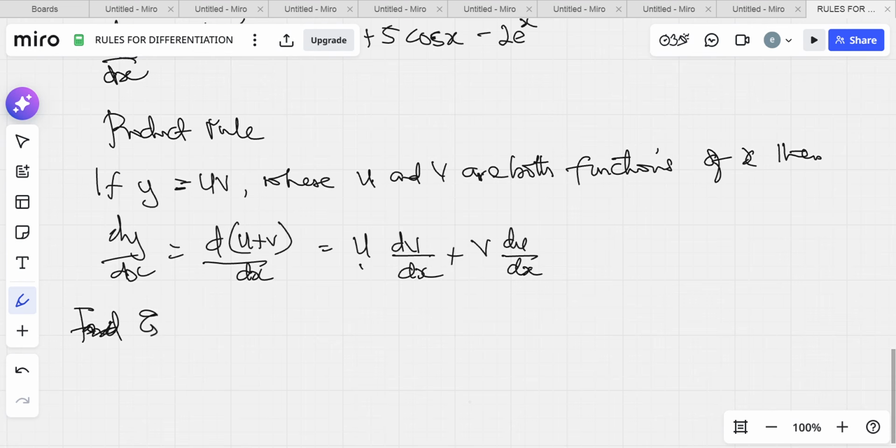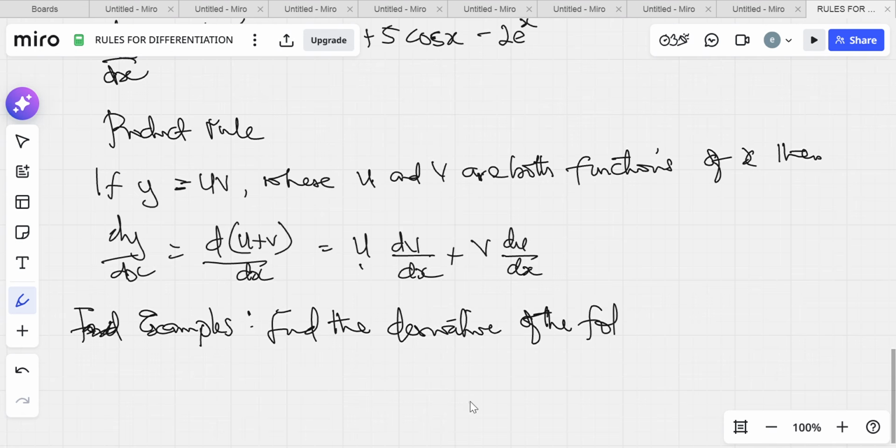Examples. It says find the derivative of the following functions using the product rule.